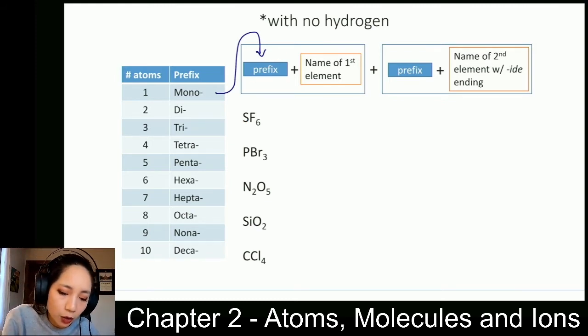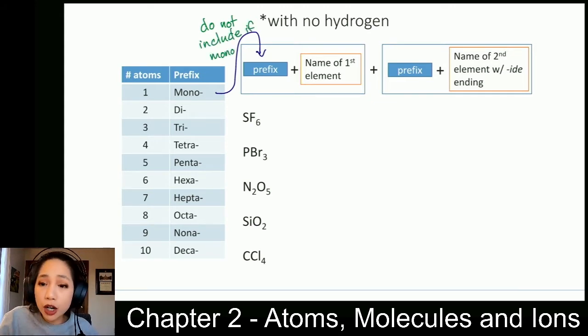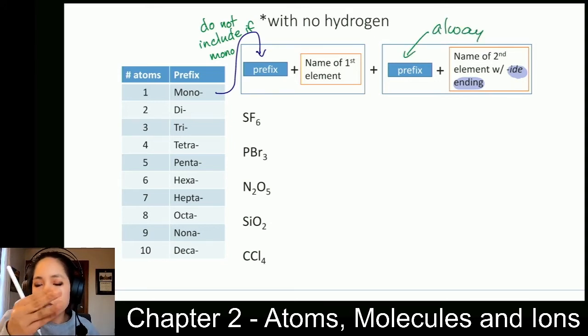So do not include it if the prefix is mono in the first element. And then in the second element, you always change the element name ending to "ide," and you always include the prefix, no matter what. Always include. Our exception with mono only applies to the first element.